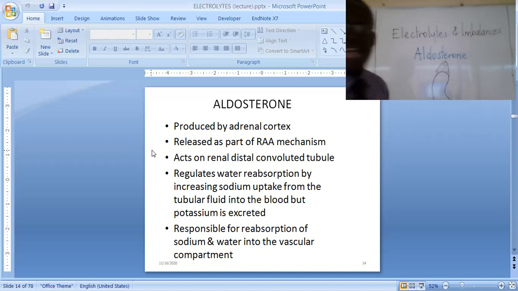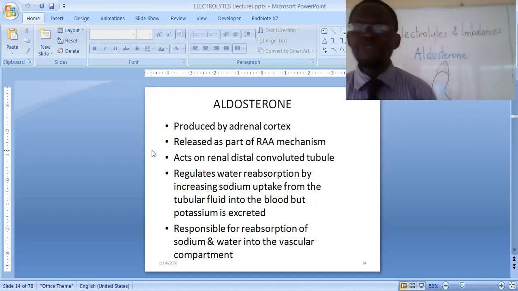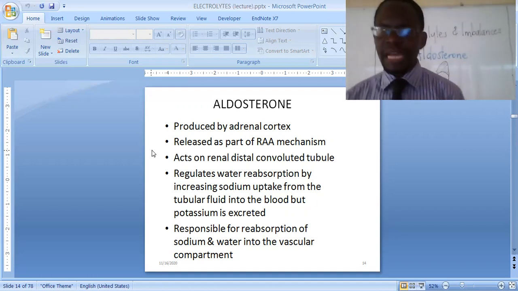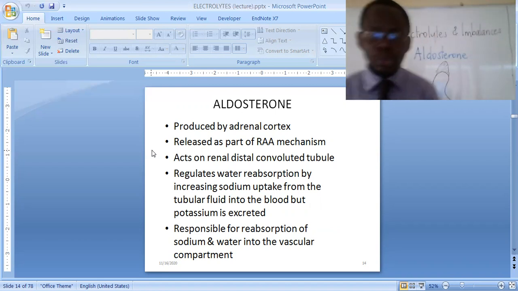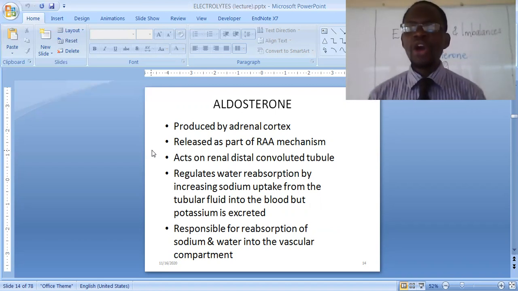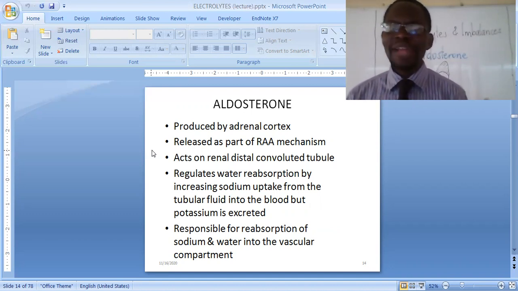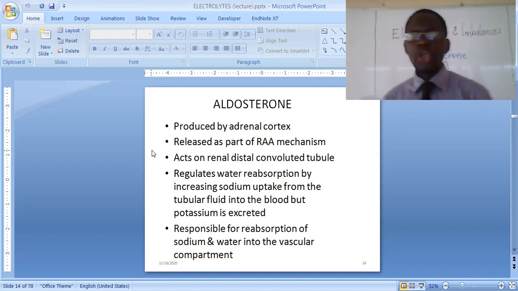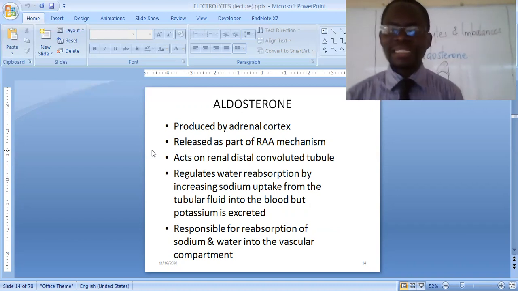Now, it has two parts. It has the adrenal medulla, which is the innermost, and then the adrenal cortex. Now, it is the adrenal cortex that is responsible for production of aldosterone. This aldosterone also acts at the nephron, within the kidneys, to cause reabsorption of water.